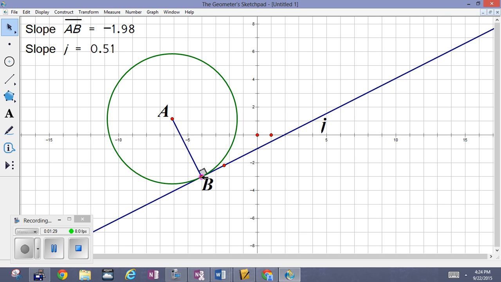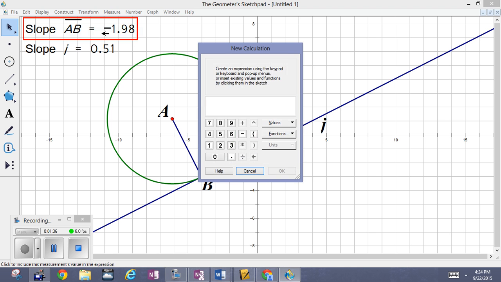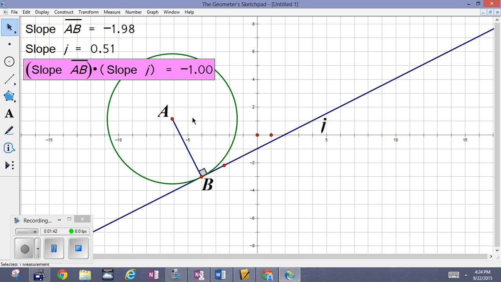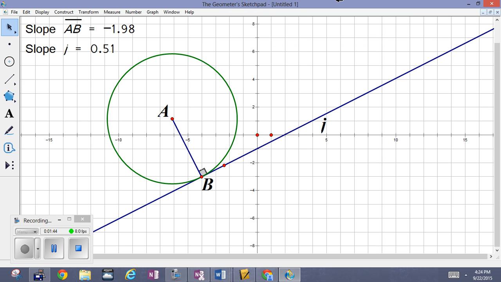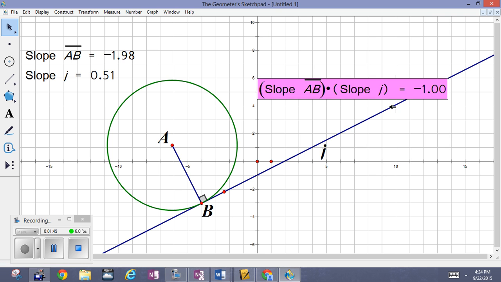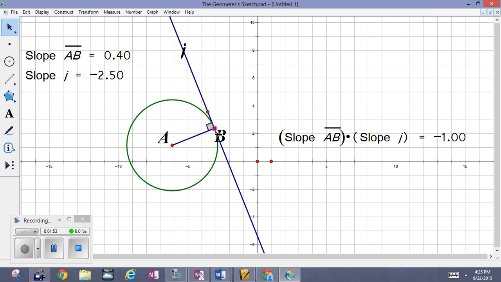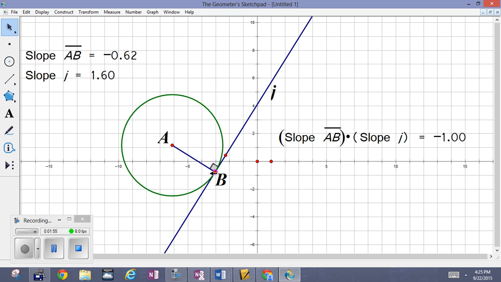if slopes are perpendicular, then that implies that their product is -1. So I could illustrate that here this way. I take that slope times the other slope, and it's always going to equal -1. So that's going to illustrate that. Where'd it go? I don't know. Okay, there it is. That illustrates that it is all perpendicular.